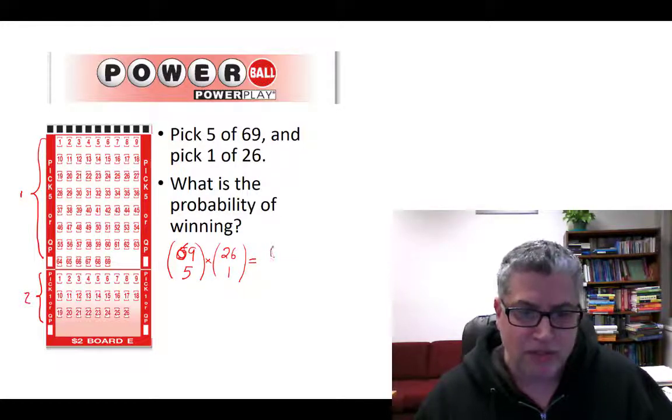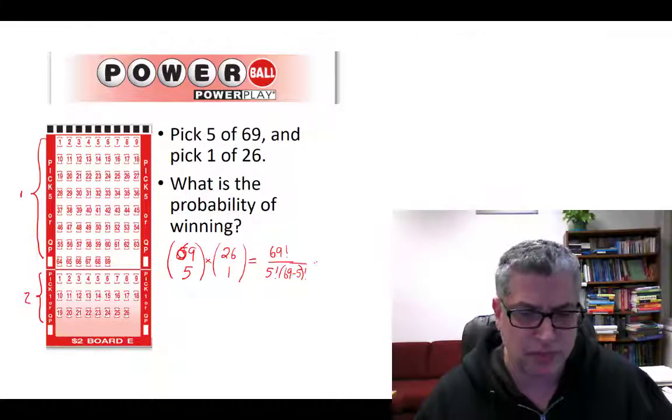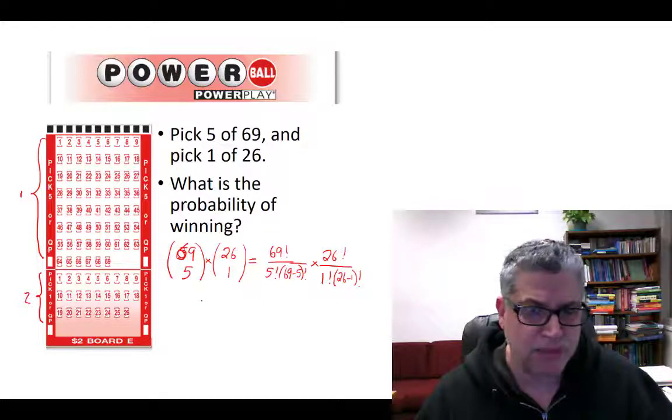So we have, for our first term, 69 factorial divided by 5 factorial times 69 minus 5 factorial. And then we're going to multiply by this second term. We'll see that that's just equal to 26. But let's work it out. We get 26 factorial divided by 1 factorial times 26 minus 1 factorial. Let's keep simplifying.